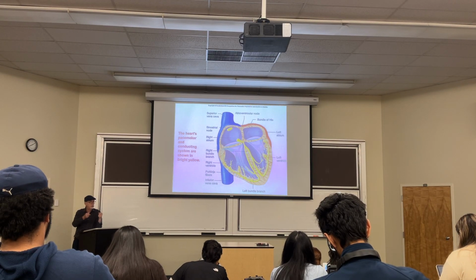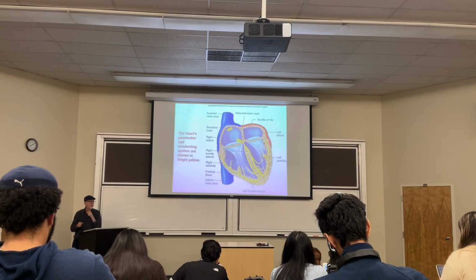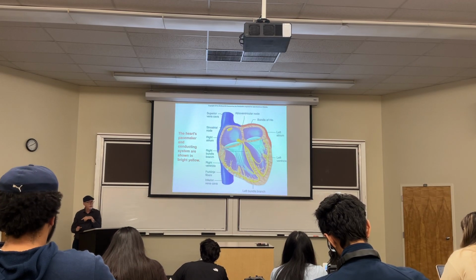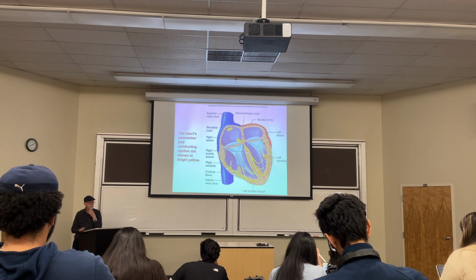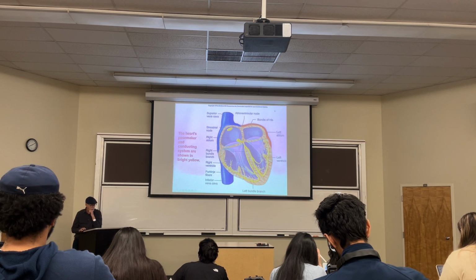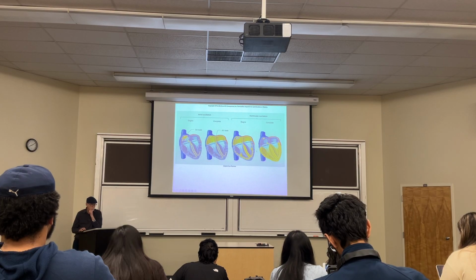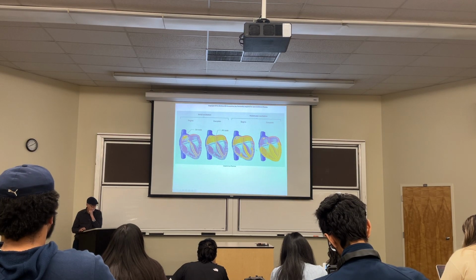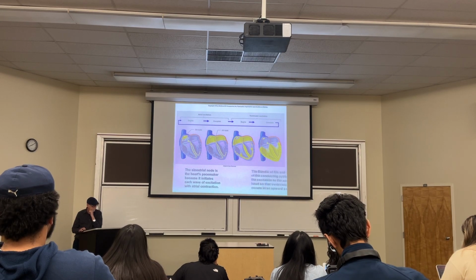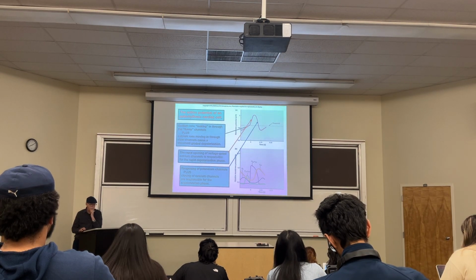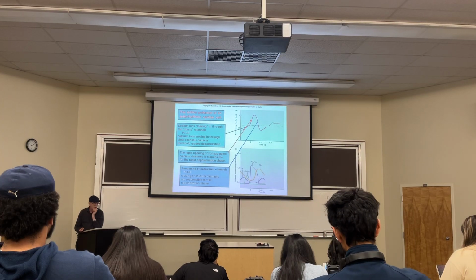So you want your atria to contract first and then the ventricles. It needs to be correctly sequenced. If it's out of sequence, we've got problems. This shows you the bundle branches and all that moving around. Now, it depolarizes and then it repolarizes.